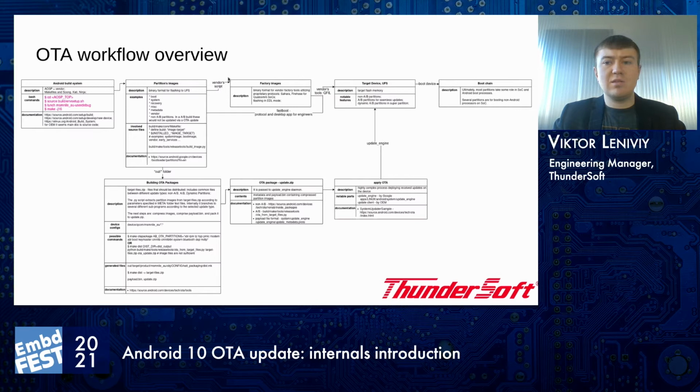These images can get onto the target device, which is depicted here, in several ways. One way is to use vendor tools. This is this path. Another way, you can flash separate images with fastboot, which is a protocol and protocol implementation in a desktop app for engineers.